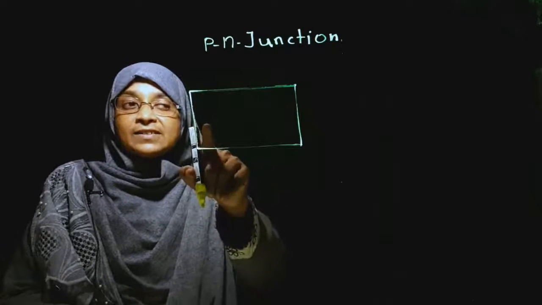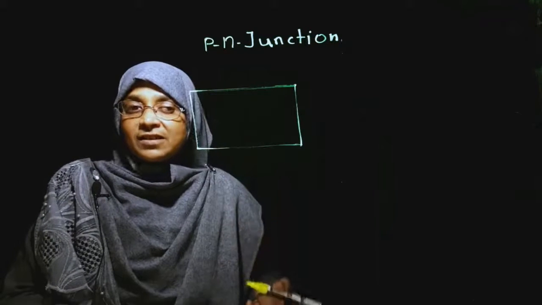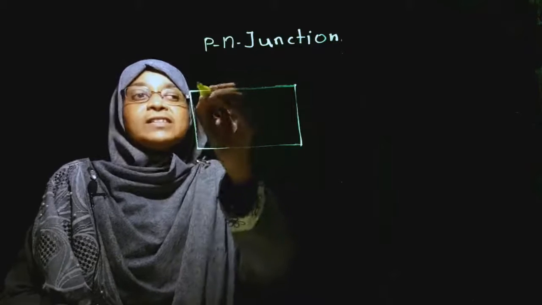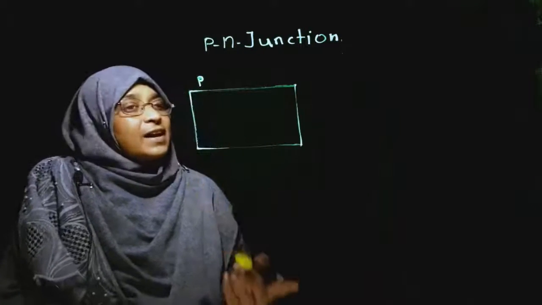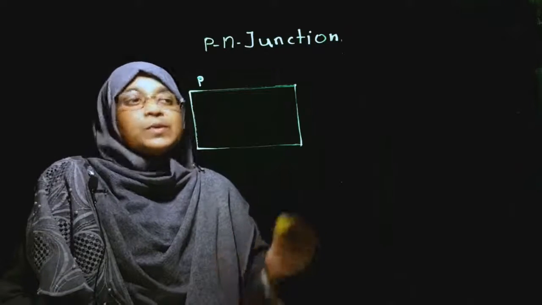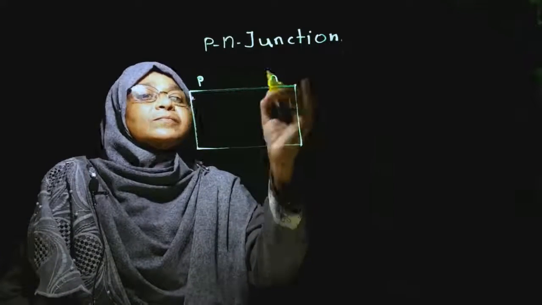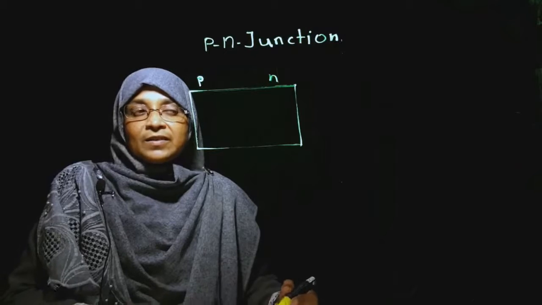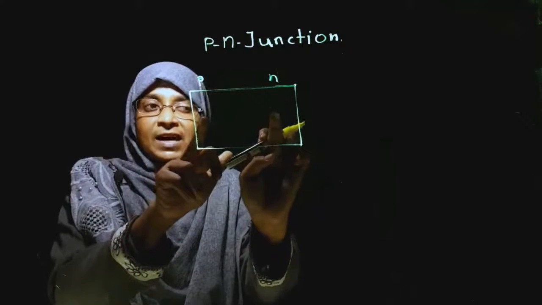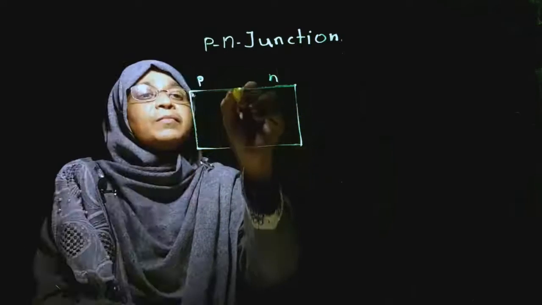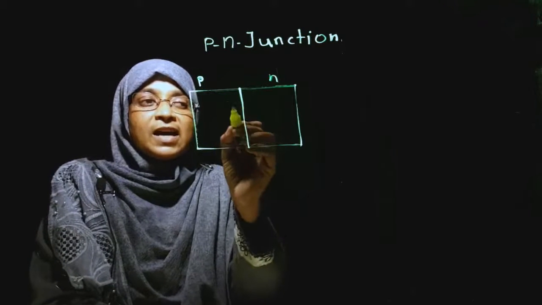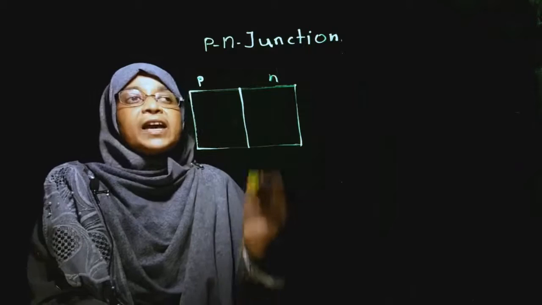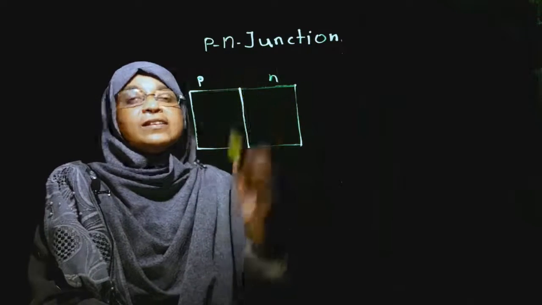This lattice is doped, one side as p-type and the other side as n-type. Then when this n-type and p-type meet, a junction is formed. It is called a p-n junction.